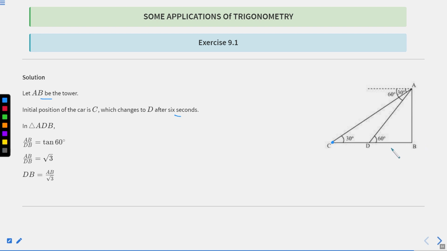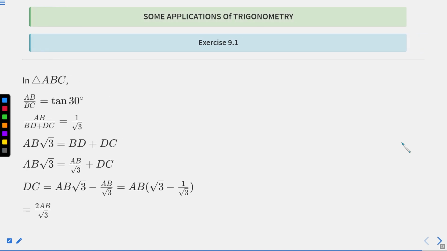Now from triangle ABC, AB by BC is equal to tan 30 degrees, and BC can be written as BD plus DC. So AB by BD plus DC is equal to 1 by root 3, and it implies AB times root 3 is equal to BD plus DC, and we have BD equal to AB by root 3.